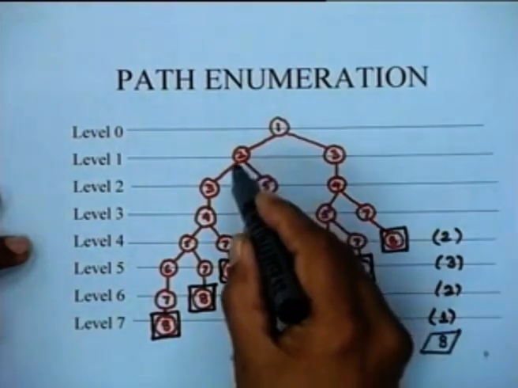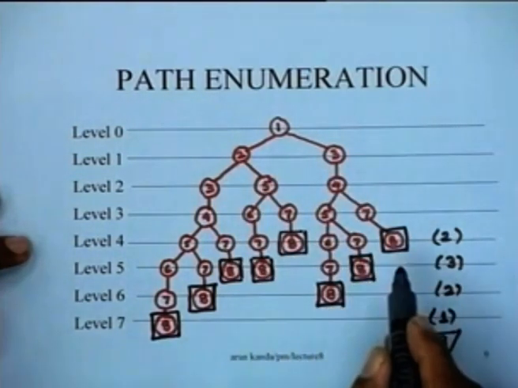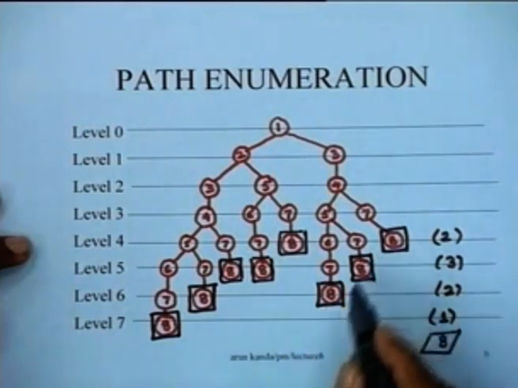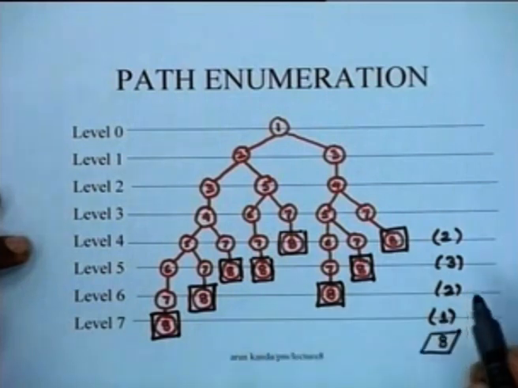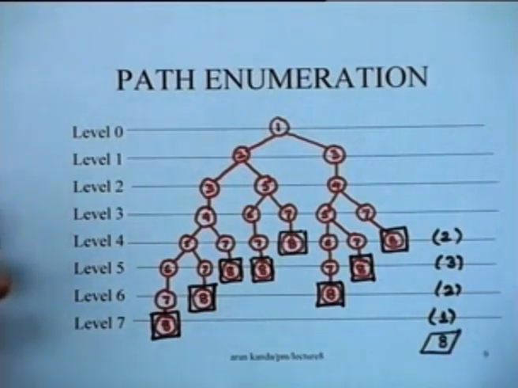We could also keep track of the individual path lengths and determine which out of these 8 paths is the longest, which is the shortest, and so on, and in this process we could determine the critical path. So, this is the process of determining the longest path in the network by path enumeration.